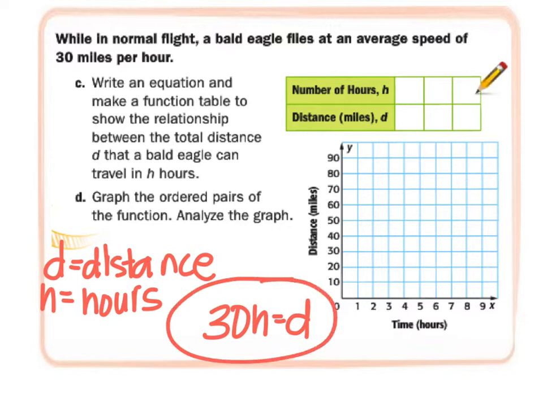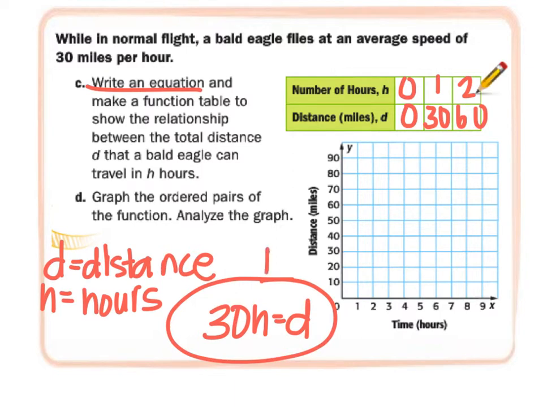Remember, this is kind of like my rule. If I went 0 hours, I would go 0 miles. If an eagle flew for 1 hour, it would go 30 miles. 2 hours, it would go 60 miles.